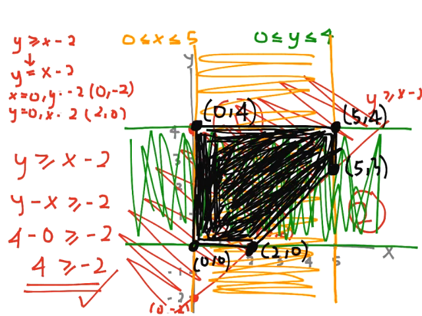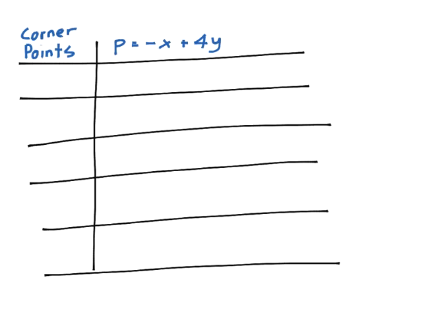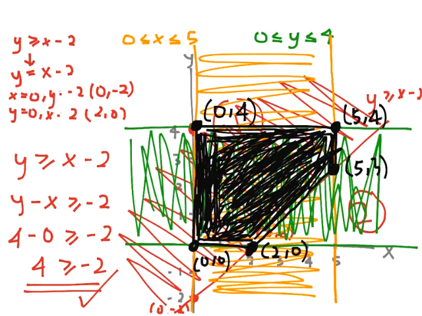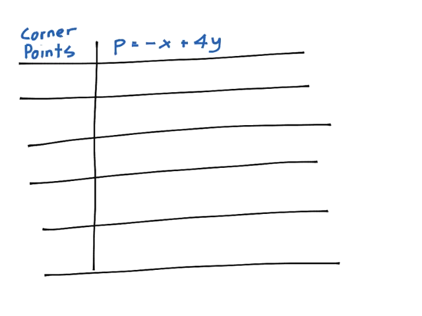Alright, so now you know that you have all these 5 corner points. The next step is to put all the corner points in to identify which one gives the maximum p equals negative x plus 4y. So you list down all 5 corner points. The first point is (0, 4).